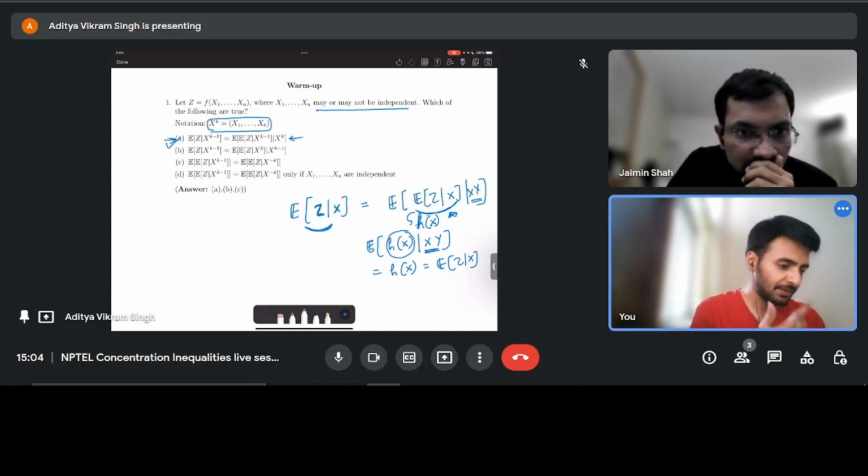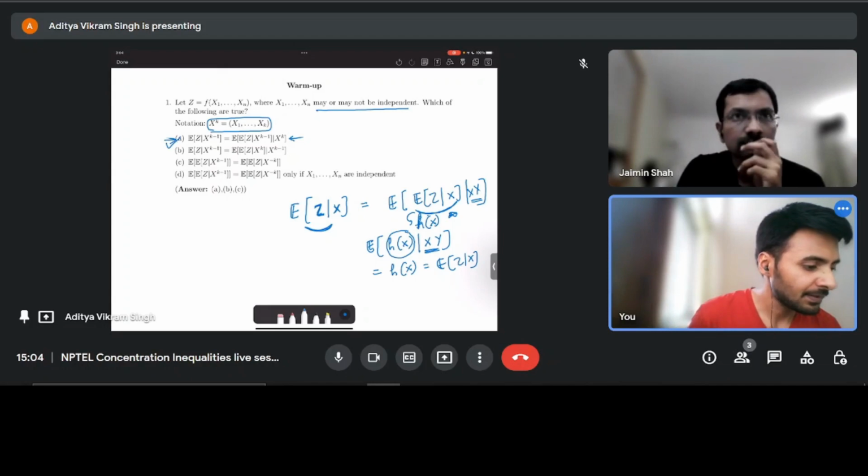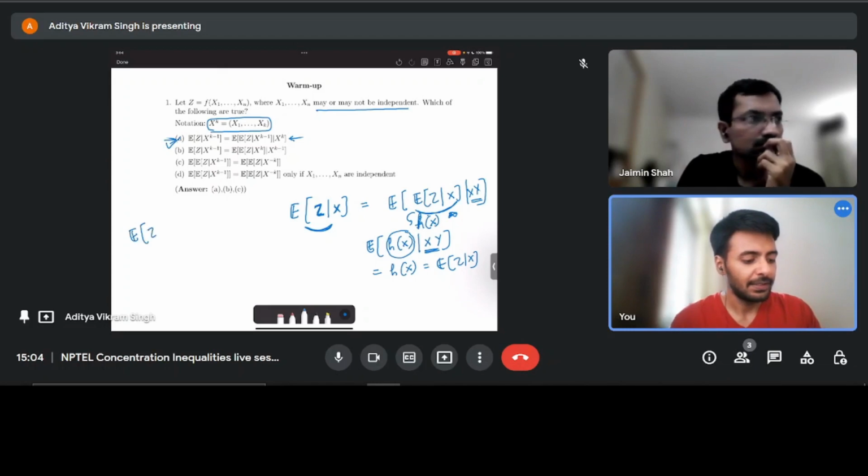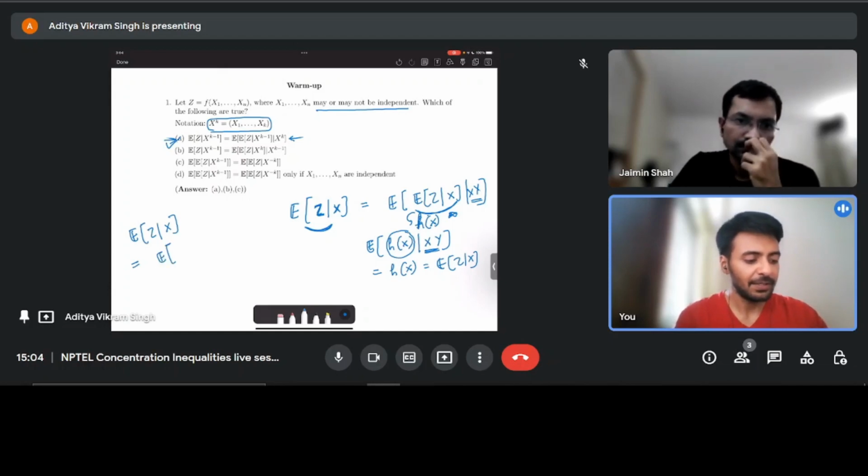The second option is what is known as the tower property of conditional expectation: expectation of z given x can be reached in a stepwise manner. You can first compute expectation of z given x and y, and then of this function you compute expectation of z given x.